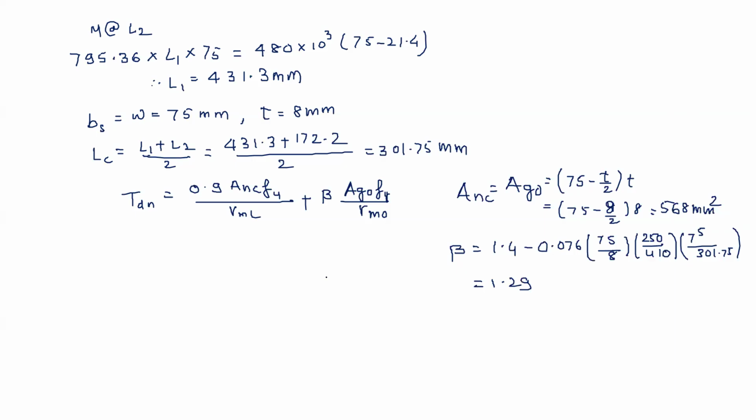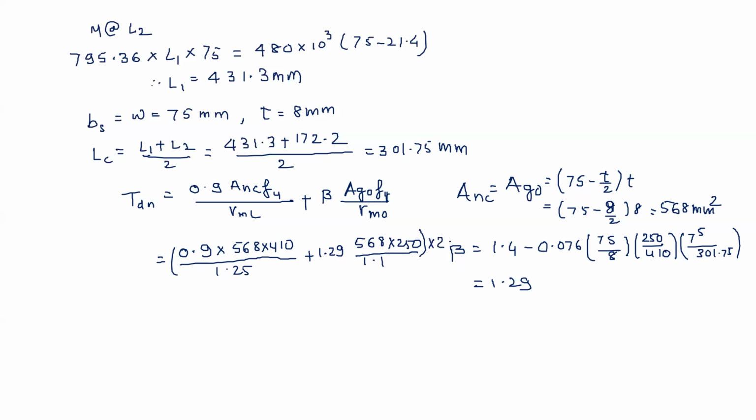And now we will put the values: 0.9 ANC 568, Fu 410 divided by 1.25, plus beta 1.29, 568 into 250 upon 1.1. And then we have a double angle section, so this will be multiplied by 2.